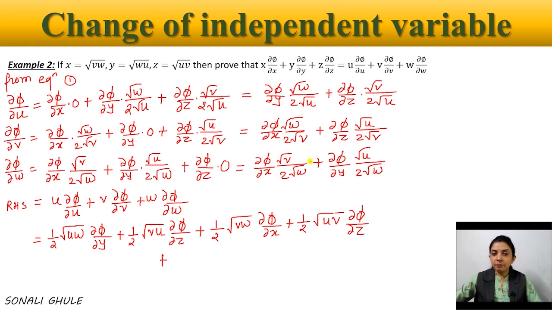So if I multiply here by w, what I will get? Yes, it is 1 by 2 root vw phi with respect to x plus 1 by 2 root uw phi with respect to x.